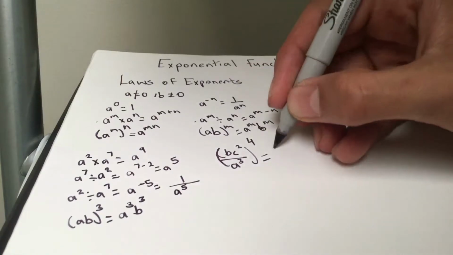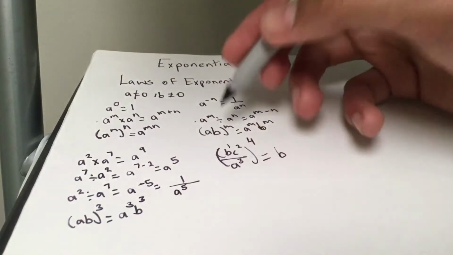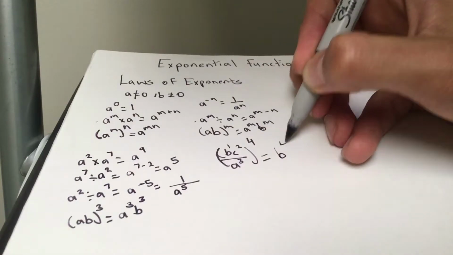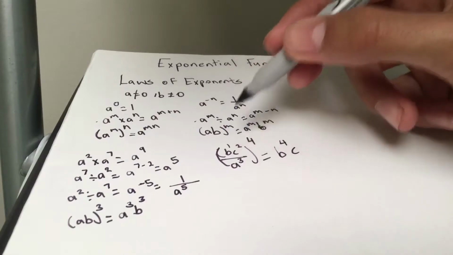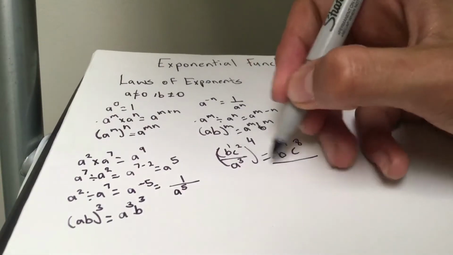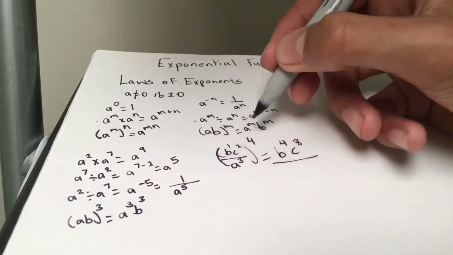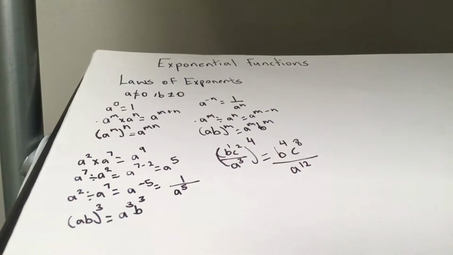So we're gonna go b. Just pretend there's a 1 here because that's what it means. So 1 times 4, so it's b4, and then c to the power of 2 times 4, c8, over a to the power of 3 times 4, which is a12. Okay, so that is our answer.